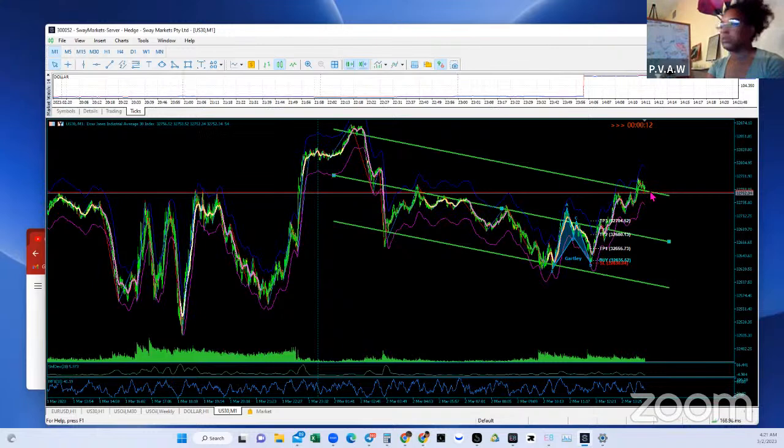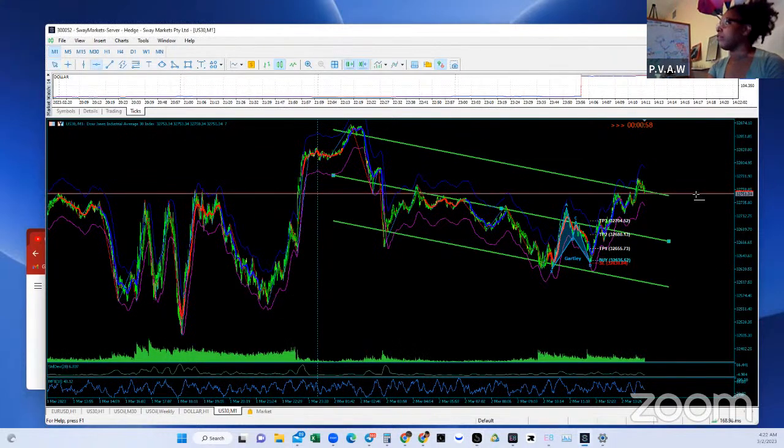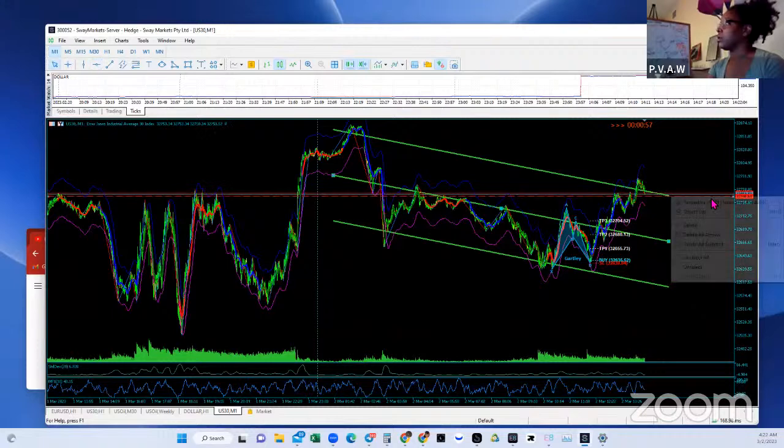We're at 32754.40. If we're in a strong bullish momentum, we're going to go up from 32754.40.